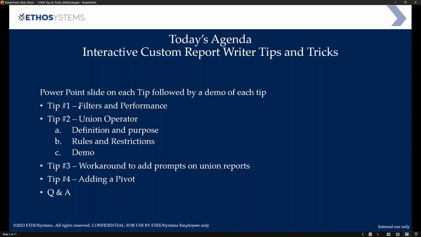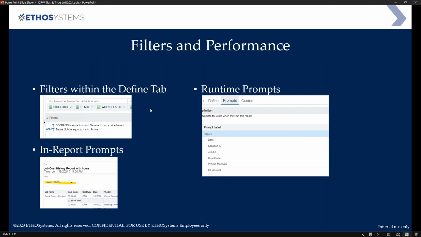So tip number one, filters and performance. Looking at the different ways that you can filter in ICRW, you can filter within the define tab of ICRW in your report. You've also got the option to move your columns within the report in the refine tab and move it into the prompt section here.